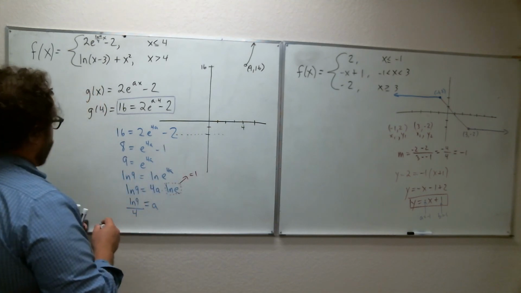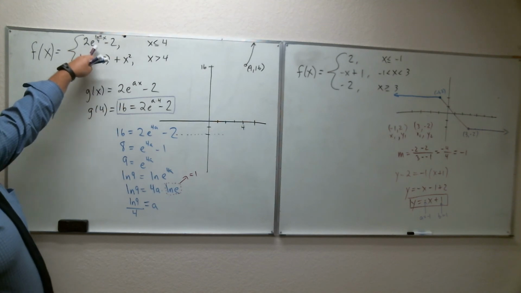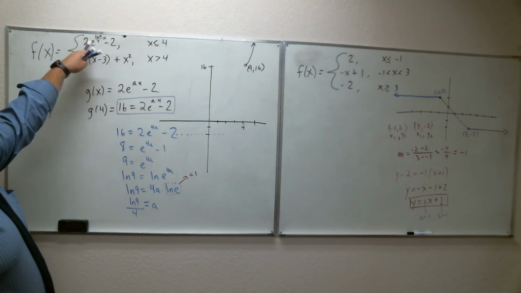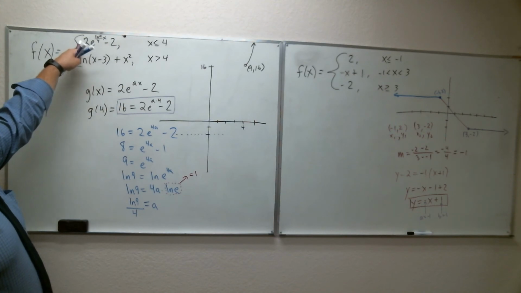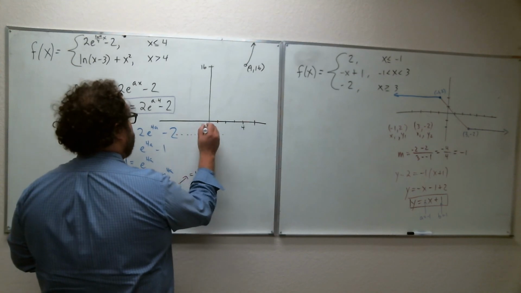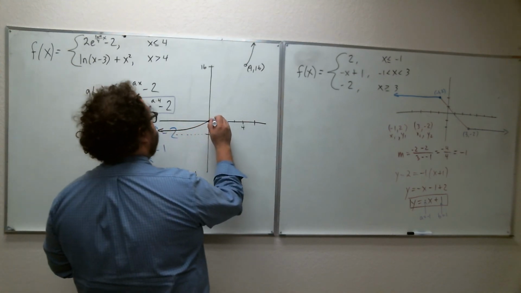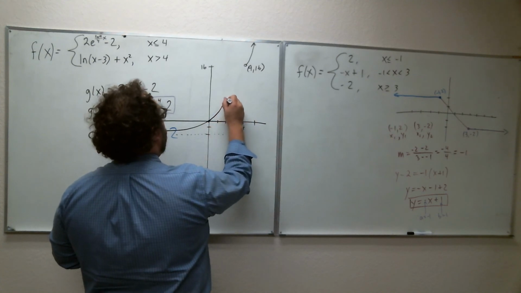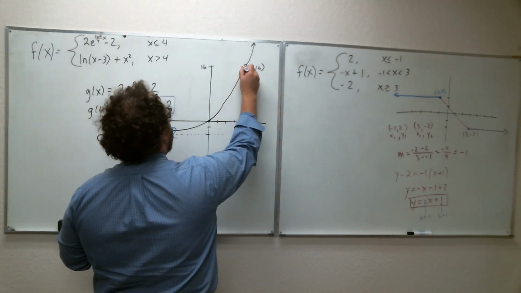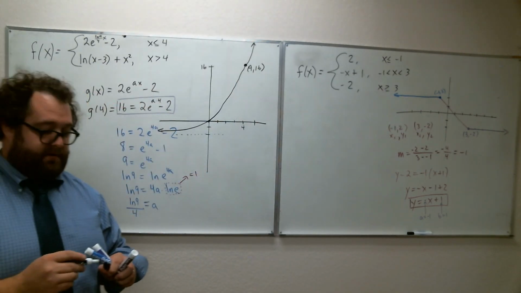Okay, it's going to cross the x-axis. Well, what happens if you plug in a 0 for x? You get e to the 0, which is 1, and then 2 times 1 is 2, minus 2. So it crosses the x-axis at the origin. And so we have an exponential function like this, which connects at that dot perfectly.